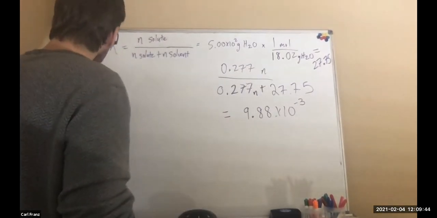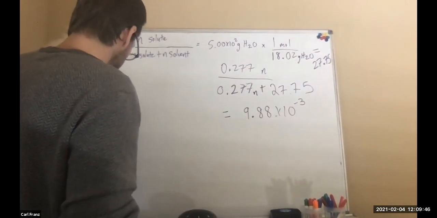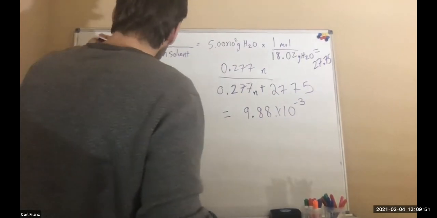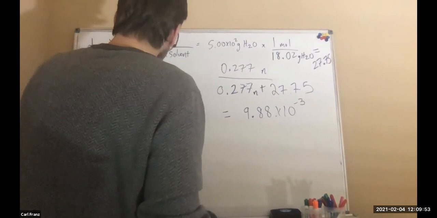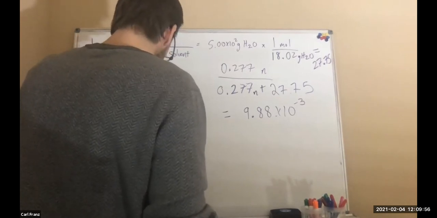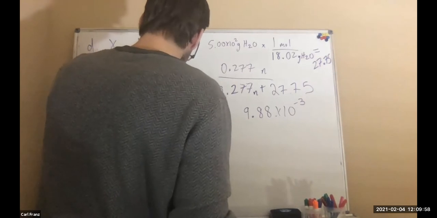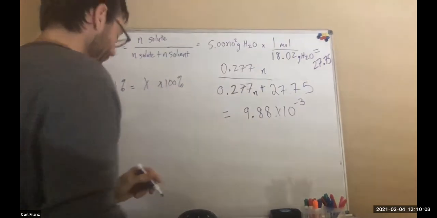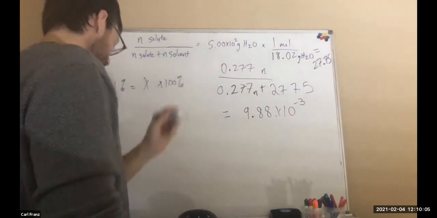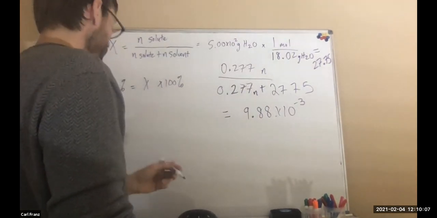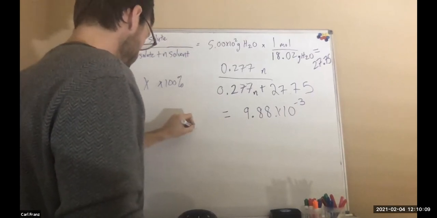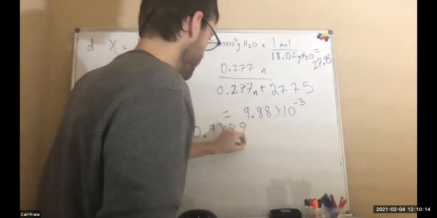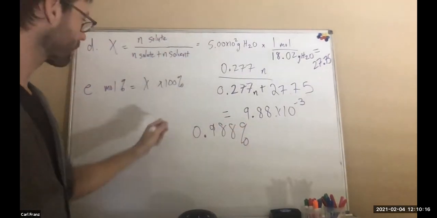So mole percent is just going to be the mole fraction of the solute times 100%. So 9.88 times 10 to the negative 3 times 100 is 0.988% for this.